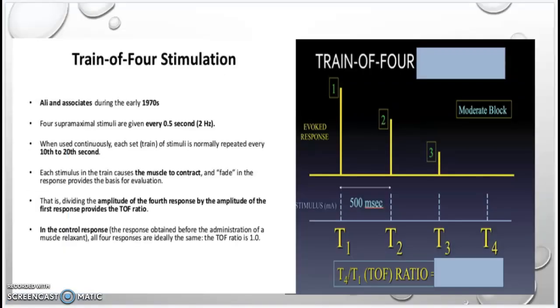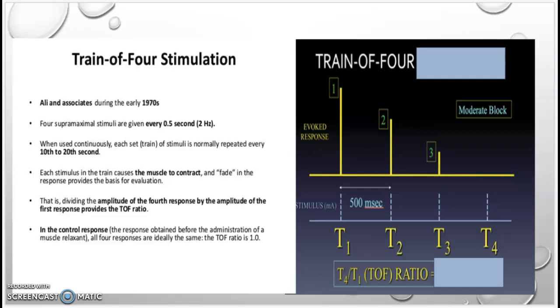All right, so now let's look at what train of 4 stimulation is. The original paper was published in 1970 by Ali and associates. In their paper, they gave 4 supramaximal stimulations in 10th or 20th second.